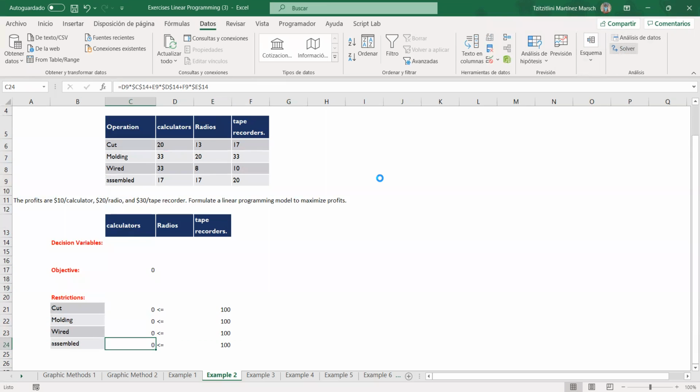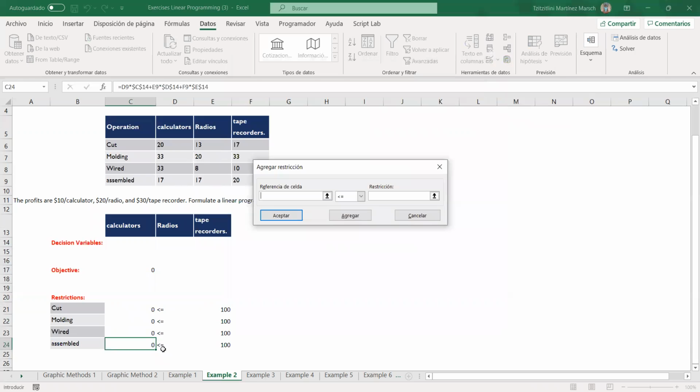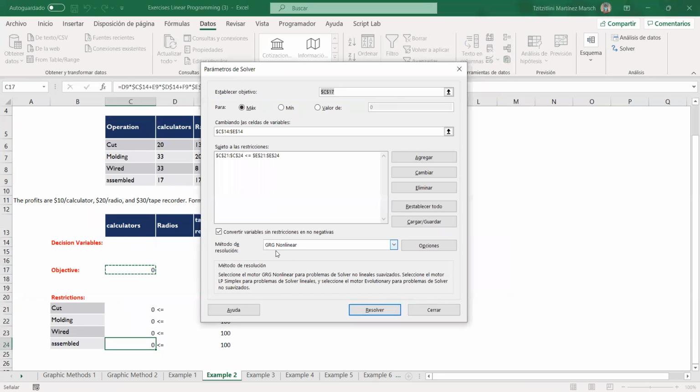So I go into Solver. What is my objective? This is my objective, to maximize my earnings, changing how many calculators, radios, and tape recorders. Add my restrictions. Since they all have the same symbol, I can do them together. It's not nonlinear.